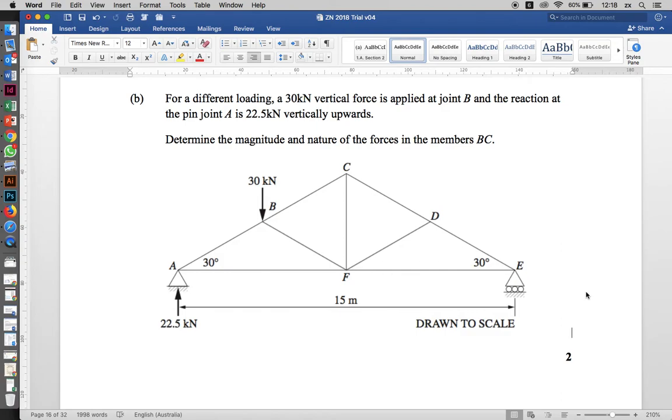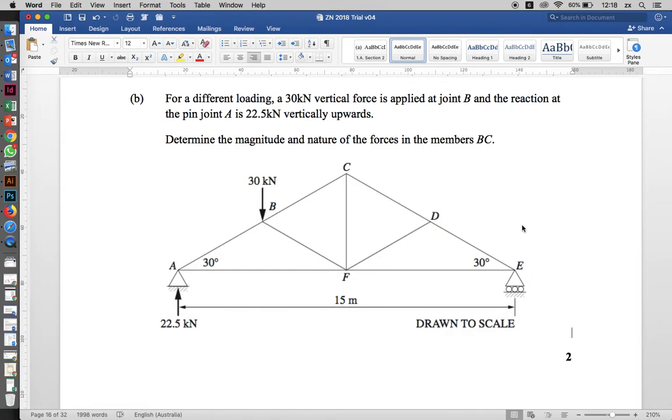Sum of the forces about F equals 0 equals minus BC, because we assume that BC is in tension. If we assume it's in tension, it's going clockwise. For whatever reason, I'll just come back and edit it later.